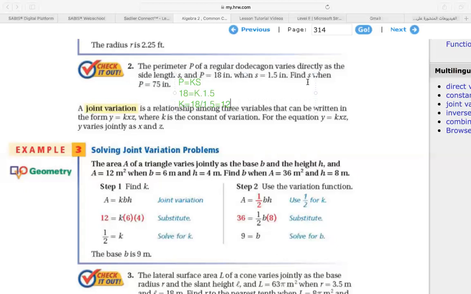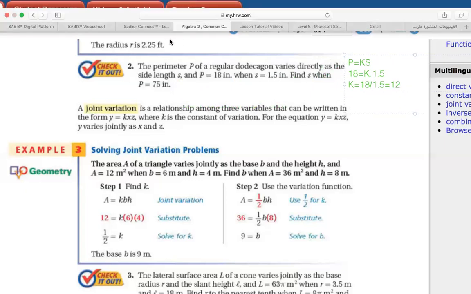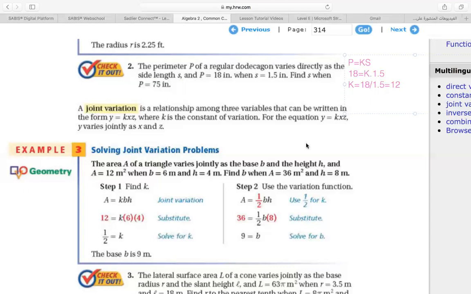Yes, I can move it here. K is equal to 12. Next, second step. I want to find S when P is 75. So again, I'm going to write the variation function.